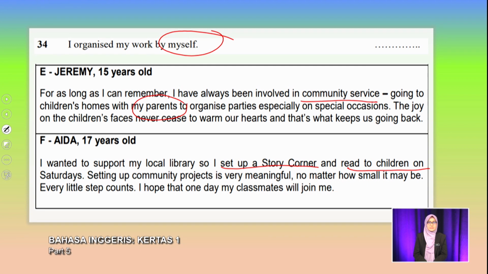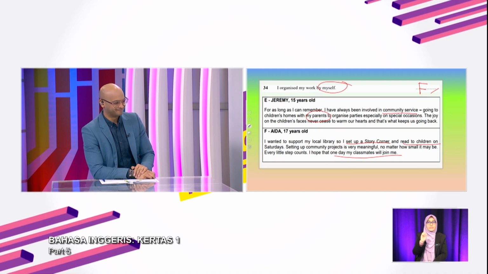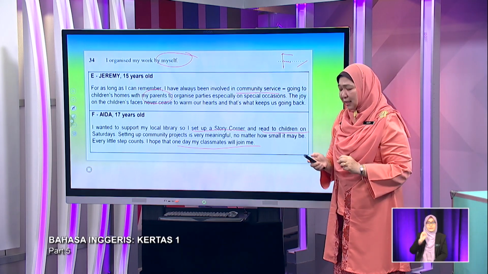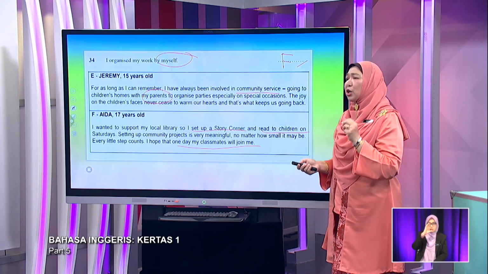I hope one day my classmates will join me. So who organized the work? Him or herself? Is it E or F? I would say it's F. Yes, so the answer is F. Write the alphabets. The same goes for 35 and 36. You have to look for the keywords or clues.